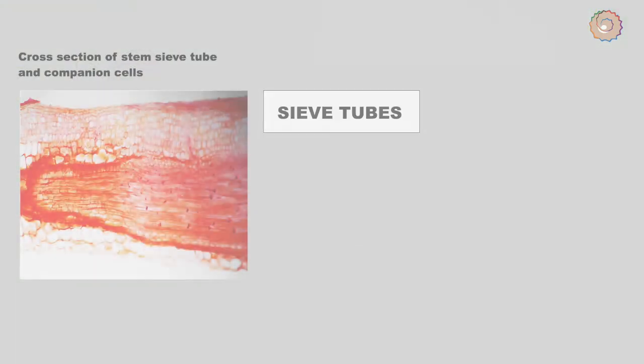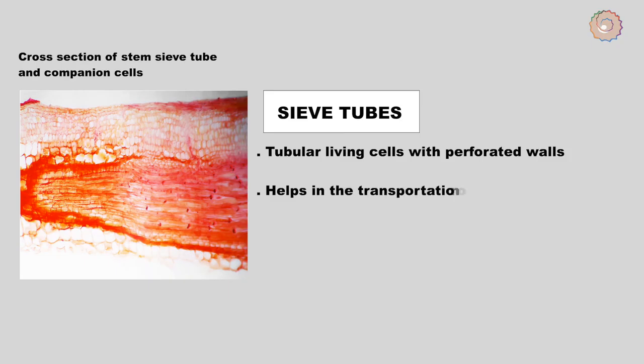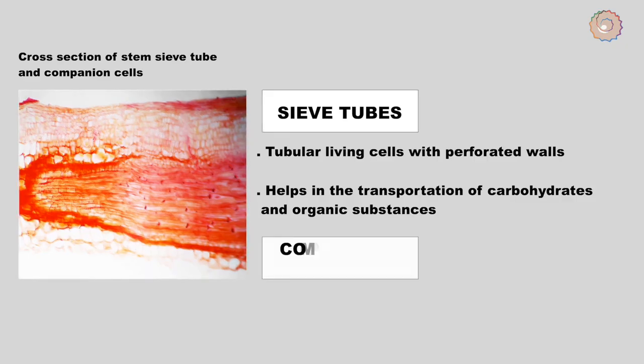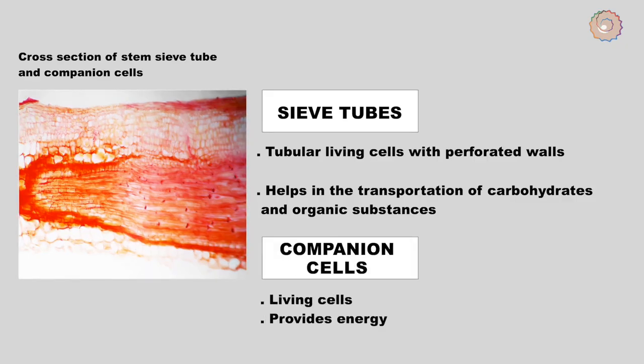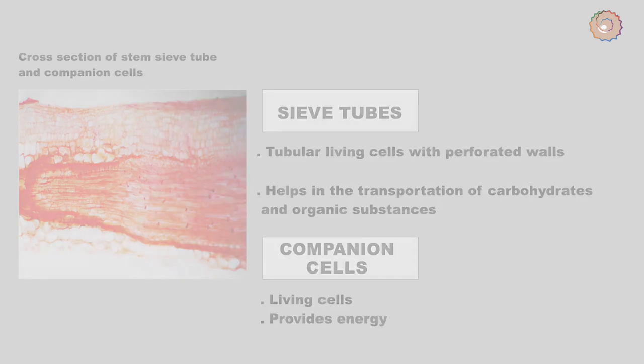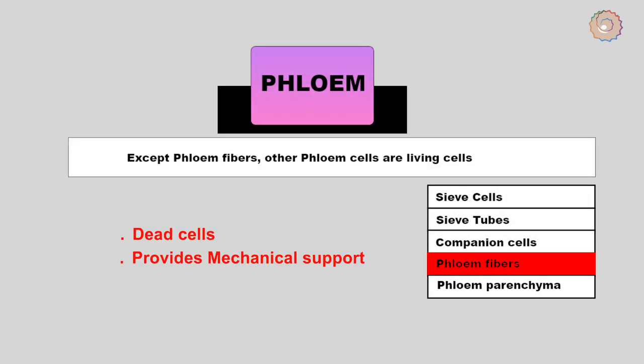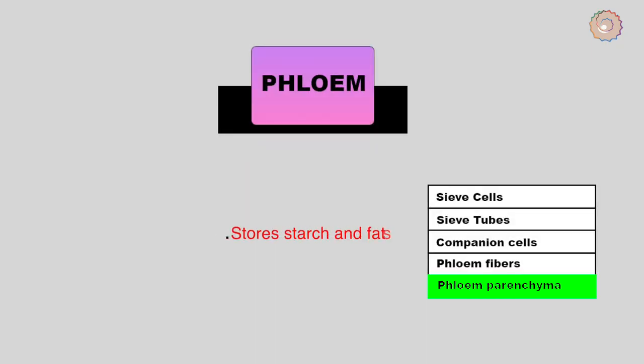Sieve tubes are tubular living cells with perforated walls and help in transportation of carbohydrates and organic substances. Companion cells are the living cells and provide energy for the activities of phloem. Phloem fibers consist of dead cells that provide mechanical support. Phloem parenchyma stores starch and fats.